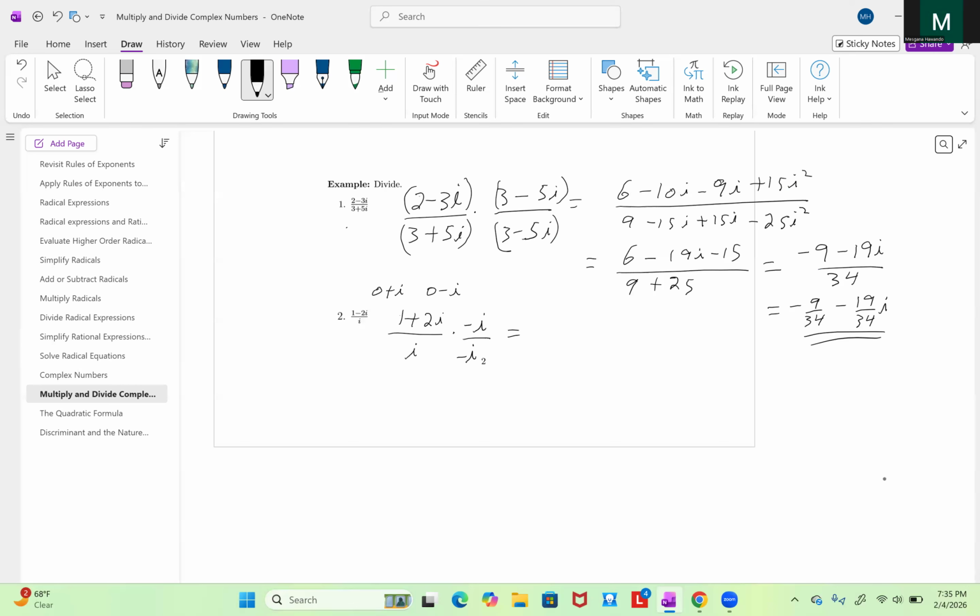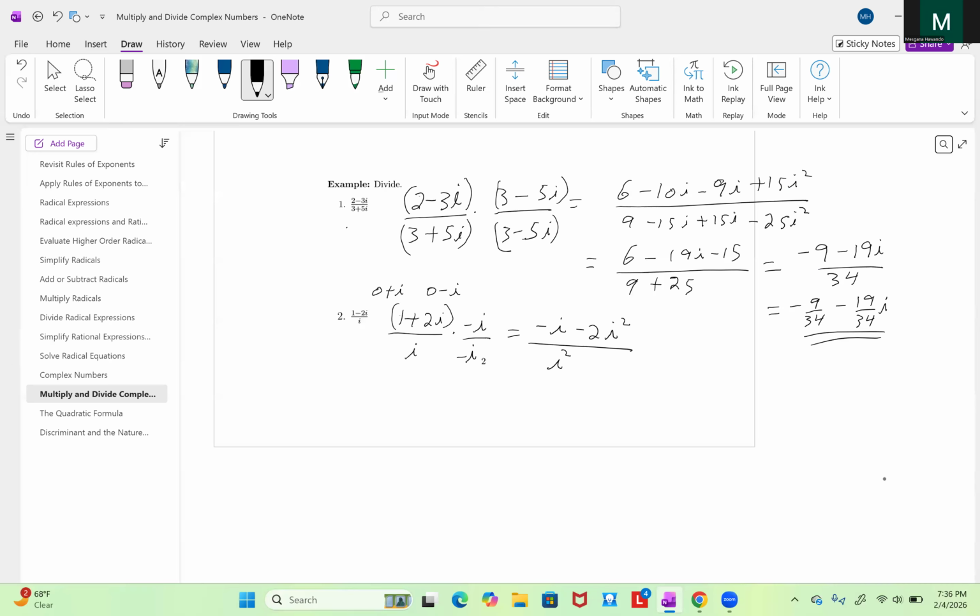This is equal to, we distribute minus i times 1, minus i times 2i, minus 2i squared, over i times minus i, which is minus i squared.